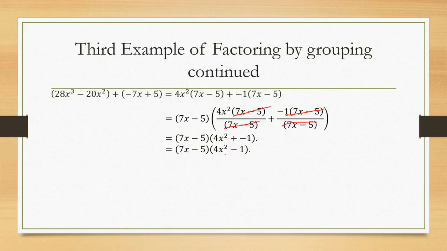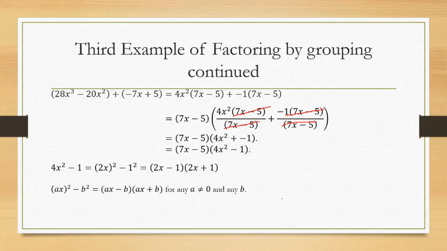And now 4x squared minus 1, you can actually factor that further. Namely, that's what I get over here. I'm just using this formula. It's actually a difference of 2 squares that I'm using. Namely, you could take A to be 2 and B to be 1, and that's what I'm doing.